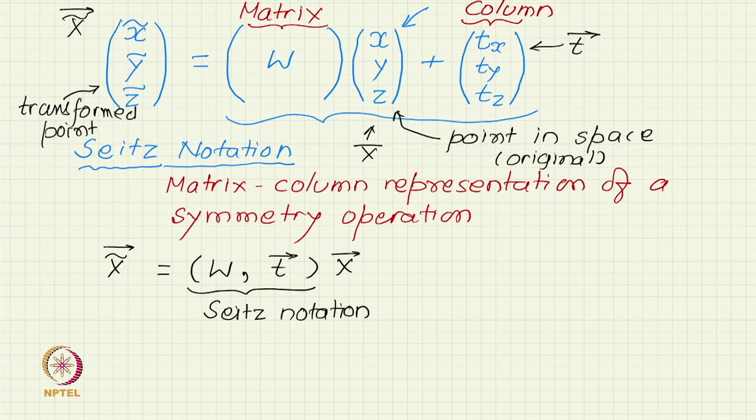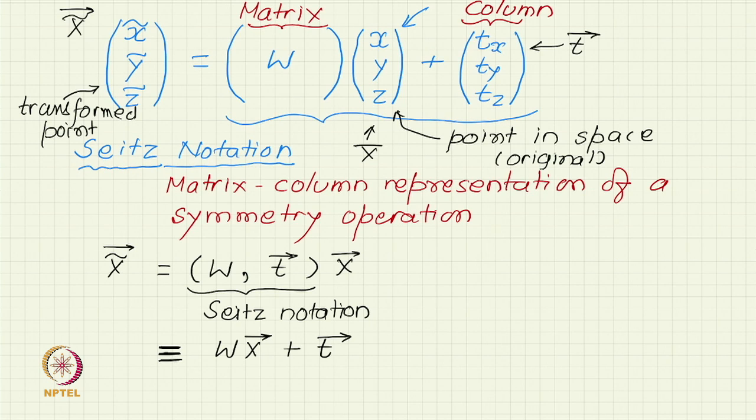From what it was meant to represent, W t acting on x is essentially that x is being rotated by W and then translated by t. So, this is by definition the meaning, it is just a notation, you can think of it that a general transformation involves both the rotation and translation.